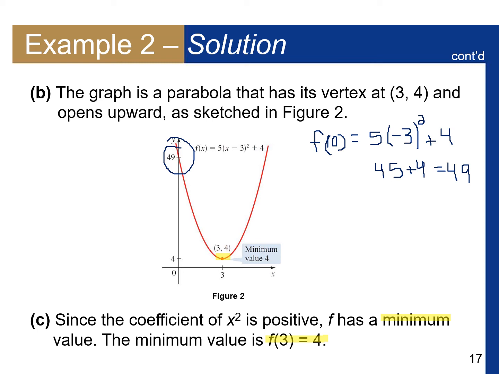And how did I know it was a minimum? Because the coefficient on the x squared is positive. So it's concave up. So this has to be a minimum. And the y value of my vertex is going to be my minimum value.